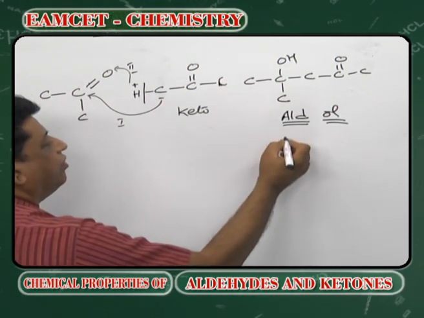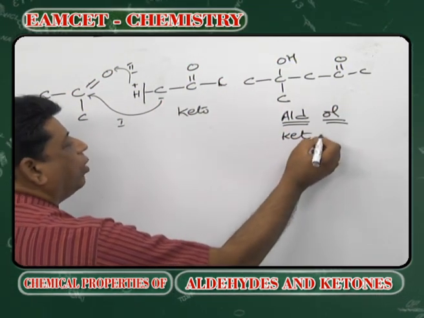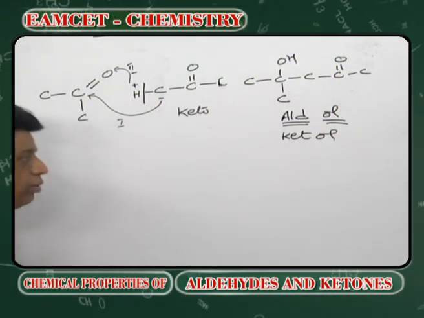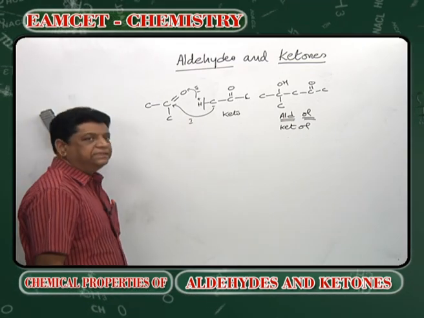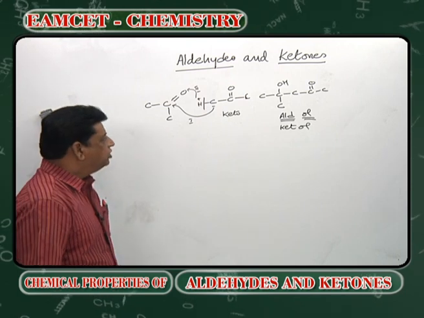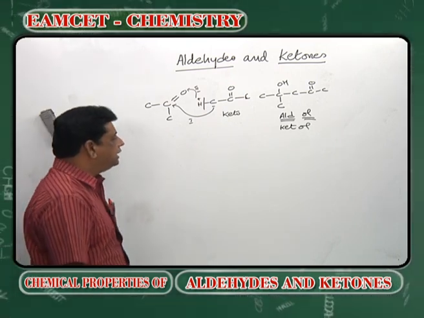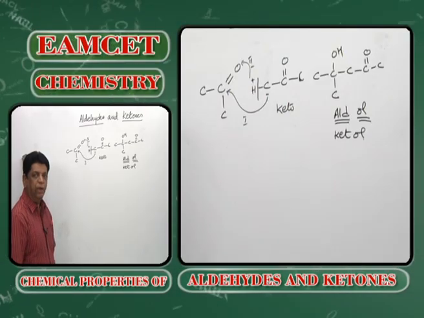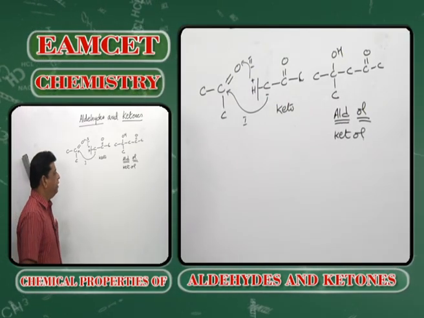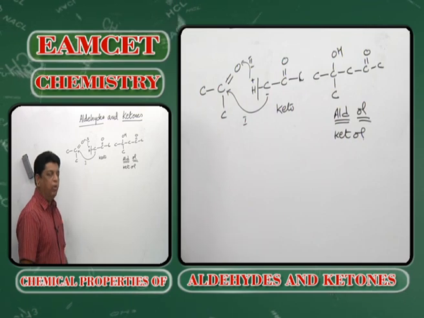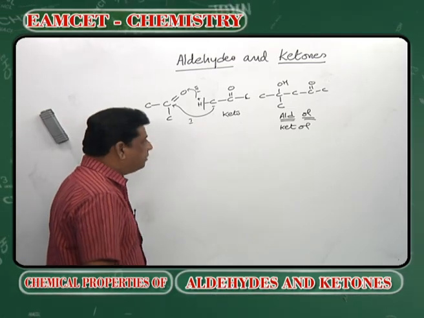Therefore, instead of aldol, you have to say ketol. A ketol is formed, but the reaction is studied with reference to the aldehyde. So the name of the reaction has become permanently aldol condensation. However, ketones undergo ketol condensation, but we say ketones also undergo aldol condensation. It has become a practice.